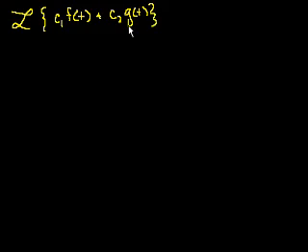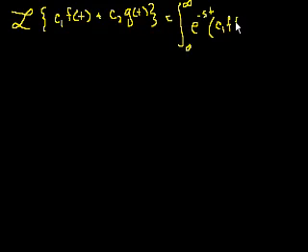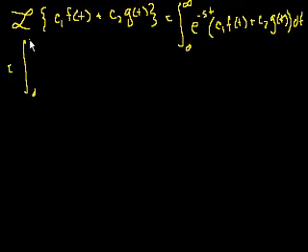Well, by the definition of the Laplace transform, this would be equal to the improper integral from 0 to infinity of e to the minus st times whatever our function that we're taking the Laplace transform of, so times c1 f of t plus c2 g of t. I think you know where this is going. All of that dt. And then that is equal to the integral from 0 to infinity.